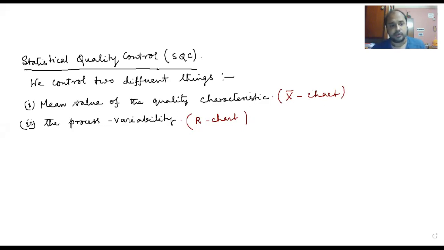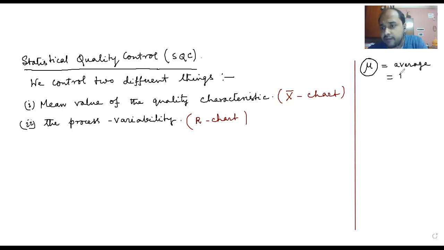In our last class, we discussed that if you know the mean of a sample, then we consider the mean to be mu, which is actually the average or mean.